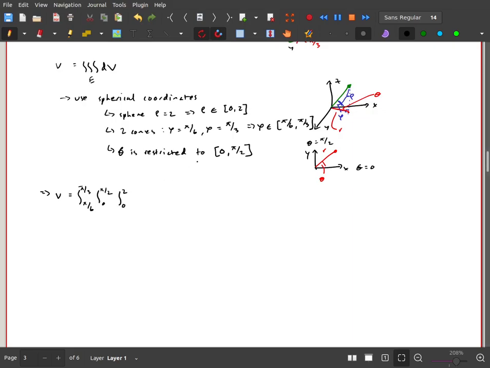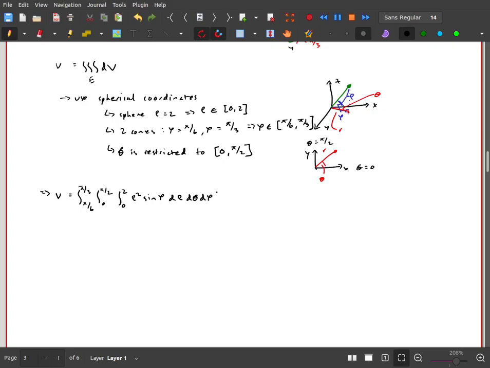Then the differential dV in spherical coordinates becomes rho squared sine phi, d rho, d theta, d phi.